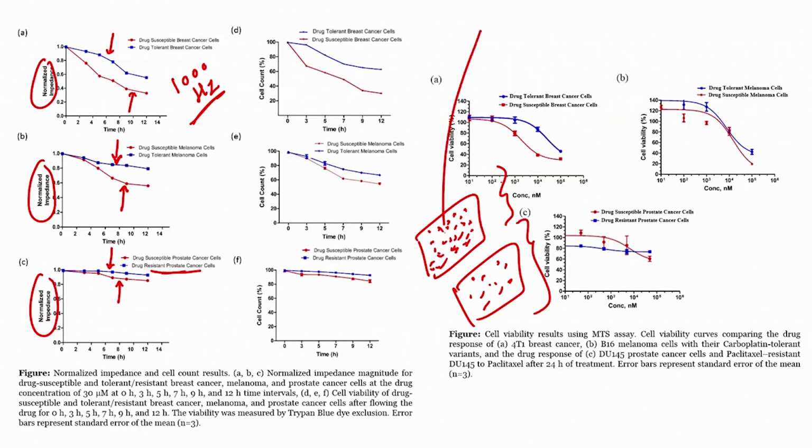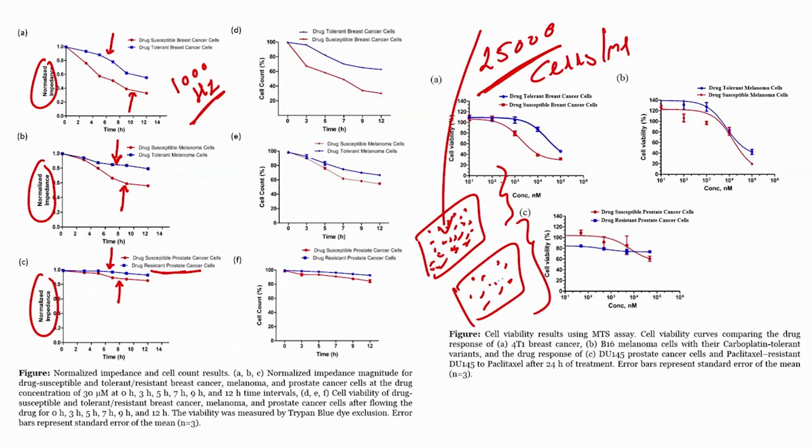We know when we initially load into this well how many cells we are loading. Is it 25,000 cells per milliliter, or is it 40,000? Whatever number we are loading, we know. So, this would be our 100%.